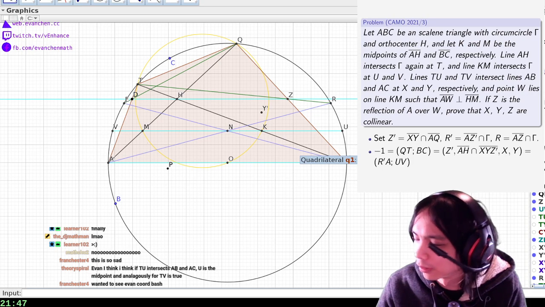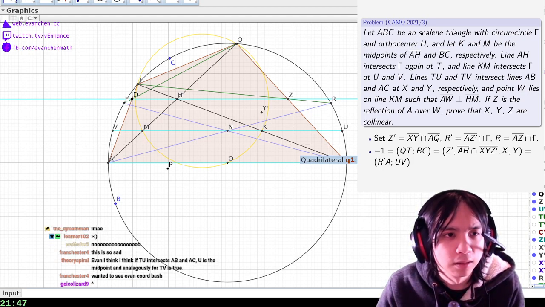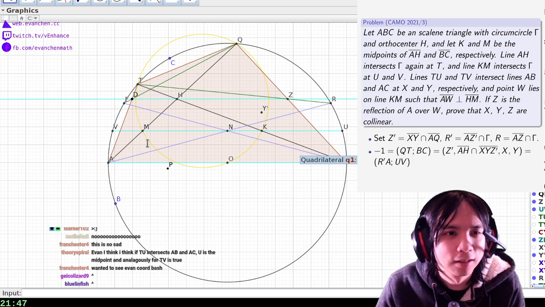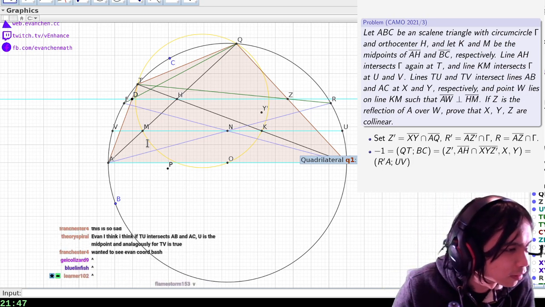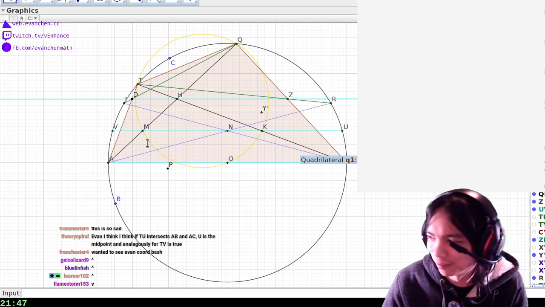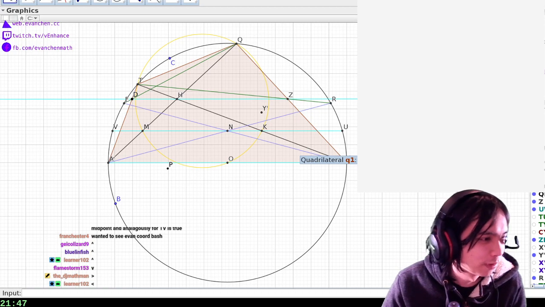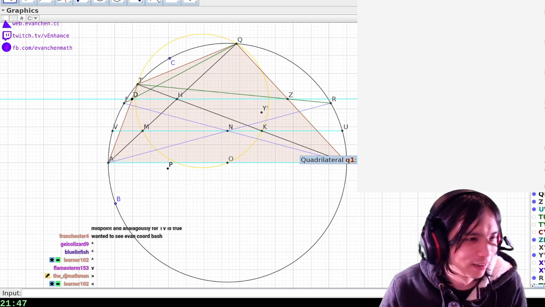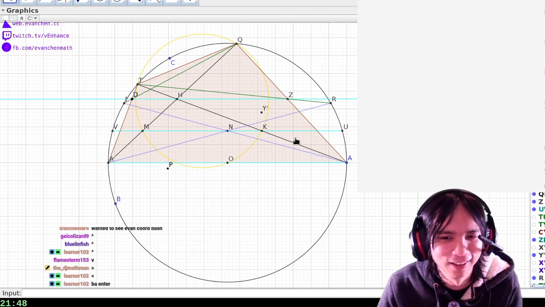Where'd my compiler go? No, I think the thing you said is true. I just don't want to use it. The statement is true. I checked it, and it is really a midpoint. But I don't want to add back UVXY. I really don't.